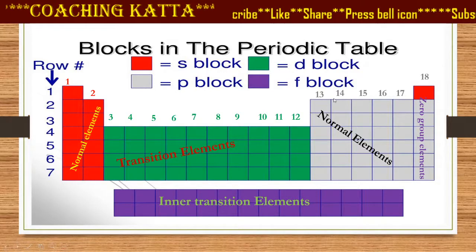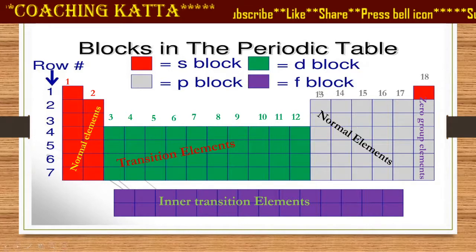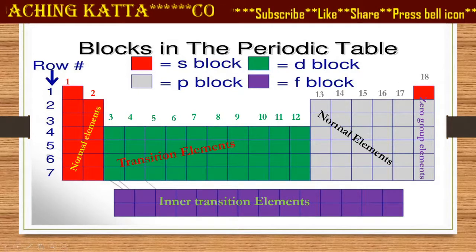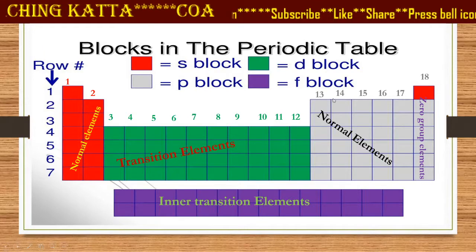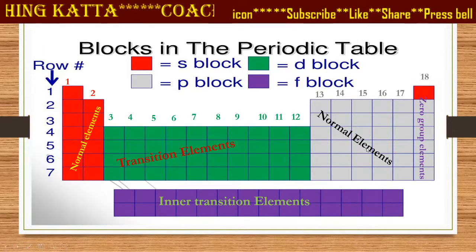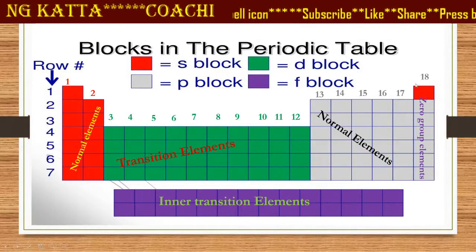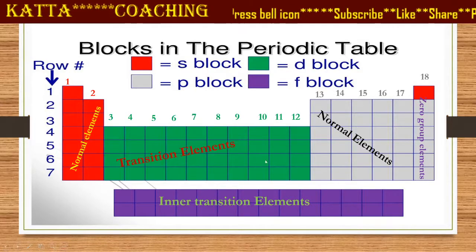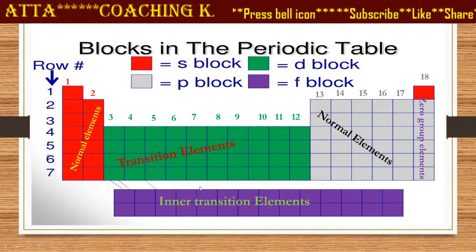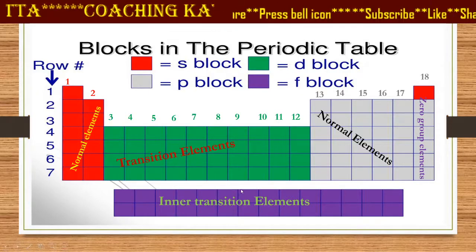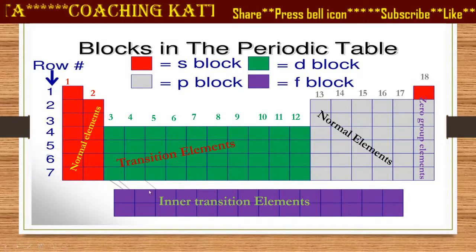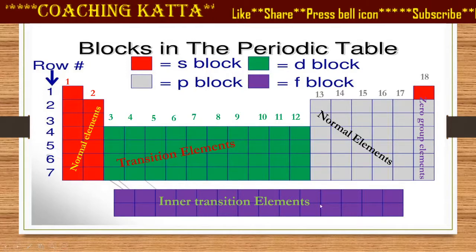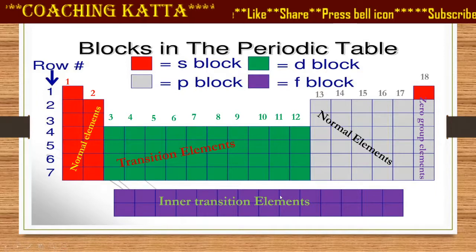Group number 13 to 18 are known as P block elements, and here group number 13 to 17 are called normal elements and group number 18 are known as zero group elements. The two series, lanthanide and actinide series, form the F block elements and are called inner transition elements.